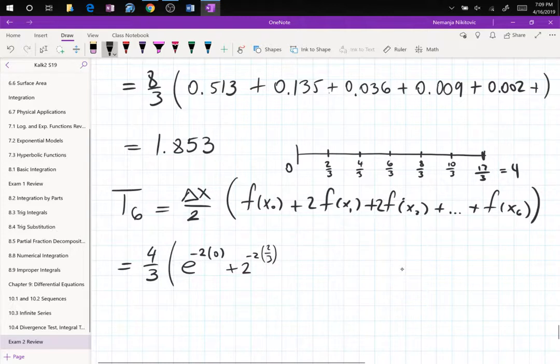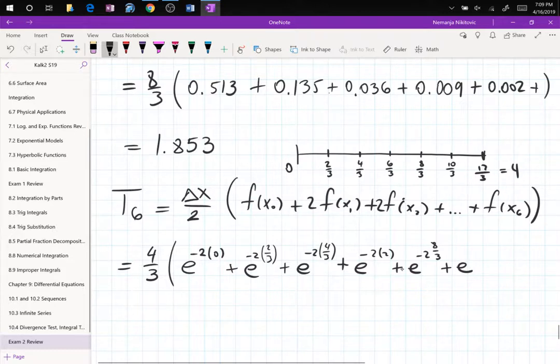Well, that's why you do computer science, because these are e's, not 2's. Negative 2 times 4/3 plus negative 2 times 2. Doesn't he have to multiply each one by two?